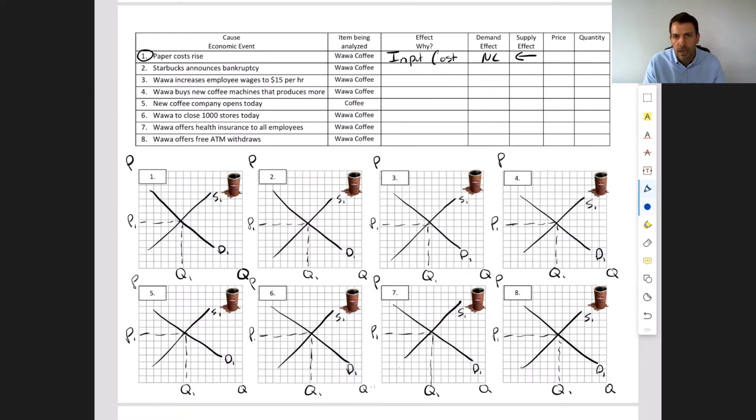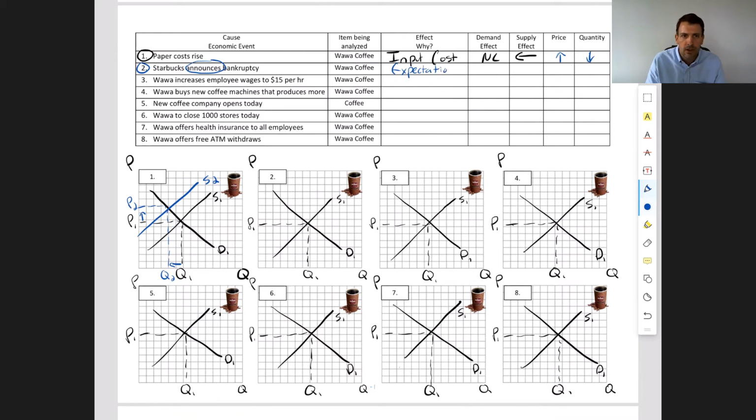If input costs go up, my supply curve is going to shift to the left because of that higher cost, and that's going to push prices up. A shift to the left is a decrease in supply. That pushes prices up to P2 and quantity down, so label that as well.